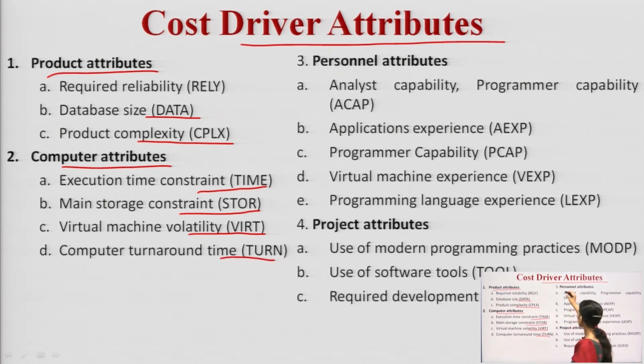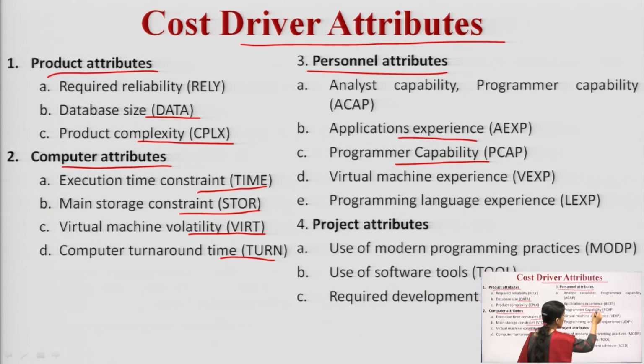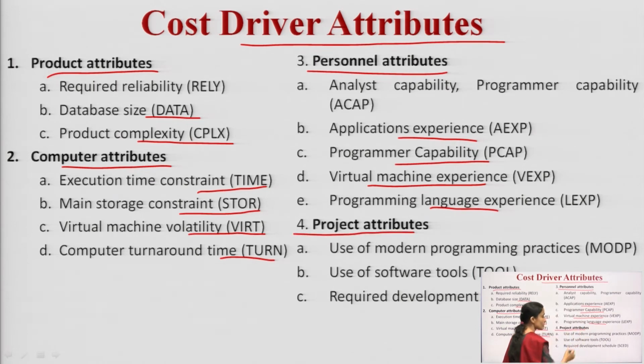Then the third is the personnel attributes, meaning how capable my programmer is and how much experience he already has: programmer capability, virtual machine experience and programming language experience. The fourth is the project attributes, meaning the kind of programming language being used, the kind of tools that I am using, and the required development schedule.